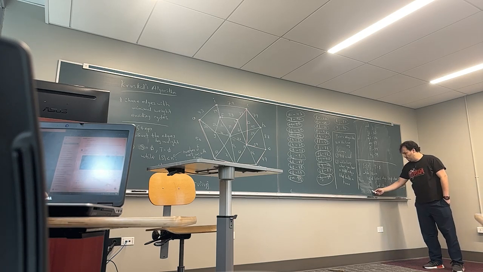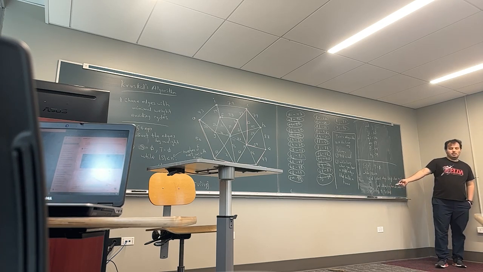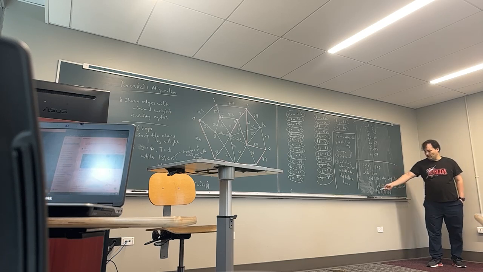So then S will be S union y, and T will be T union xy. So you add this edge to the tree, and you add that new vertex to S.